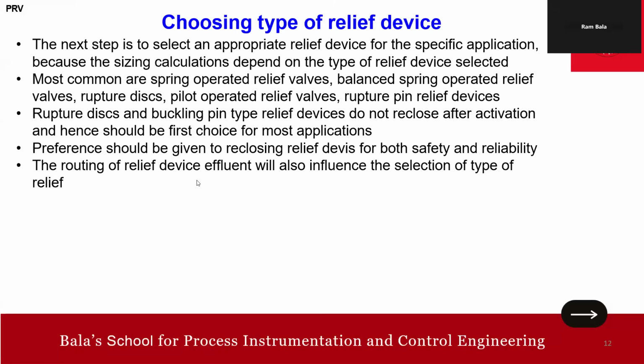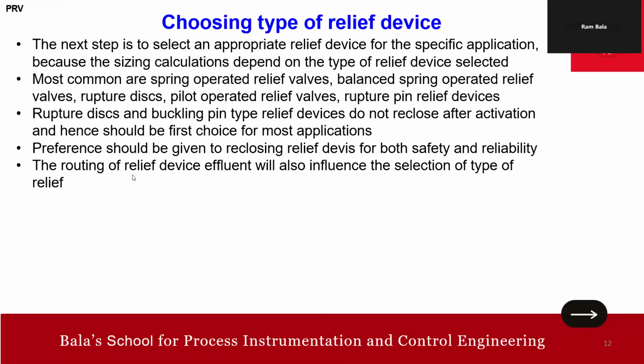The routing of relief device effluent also influences the selection of the relief device. We are saying the rupture disc and buckling pin are not preferred because they do not reclose. Additionally, friends, spring operated and balanced spring operated devices are the primary choice.